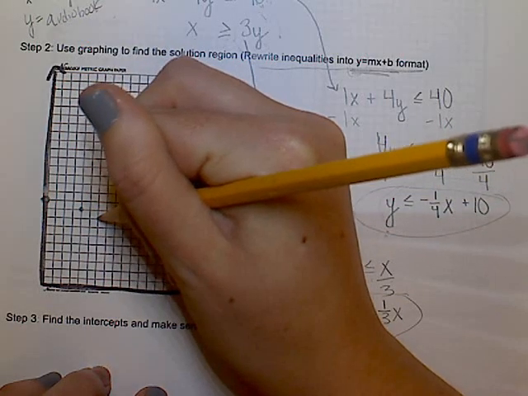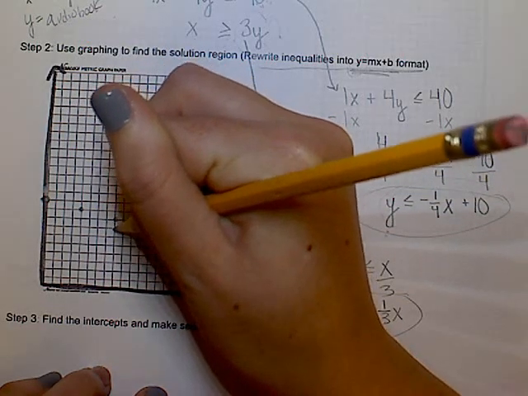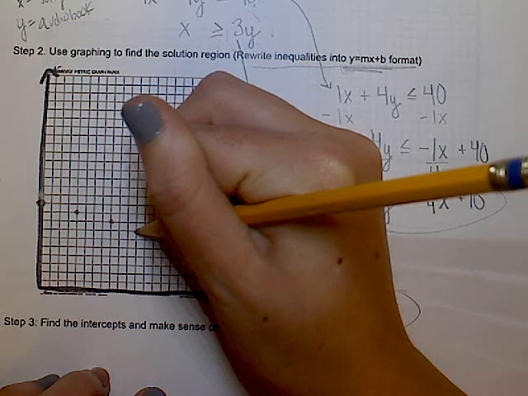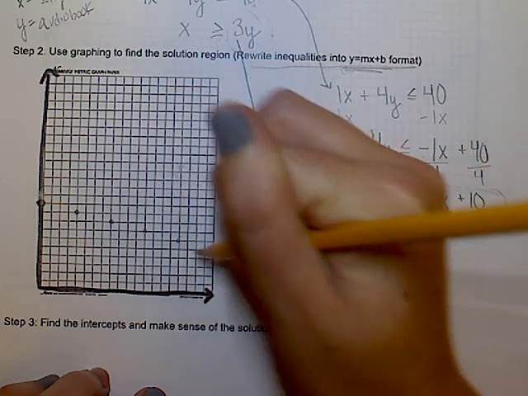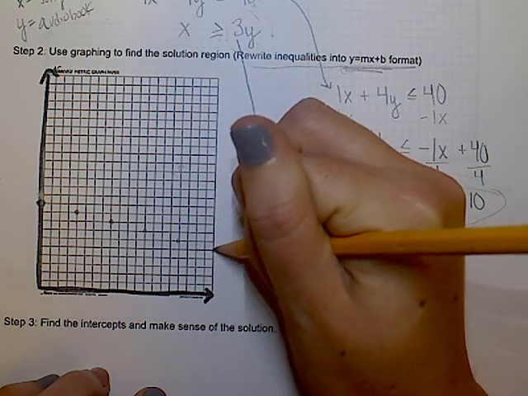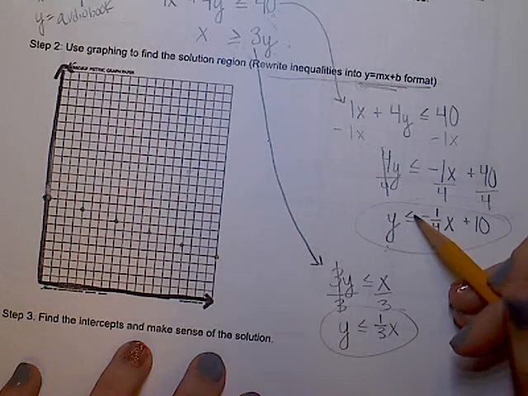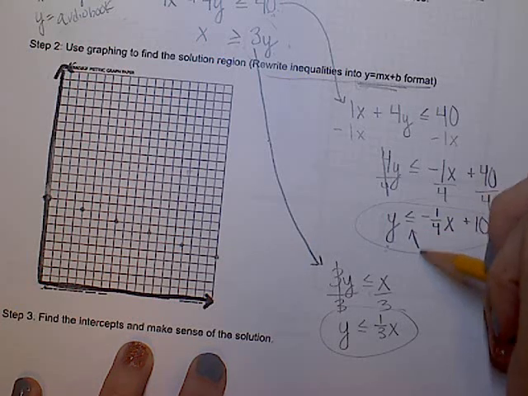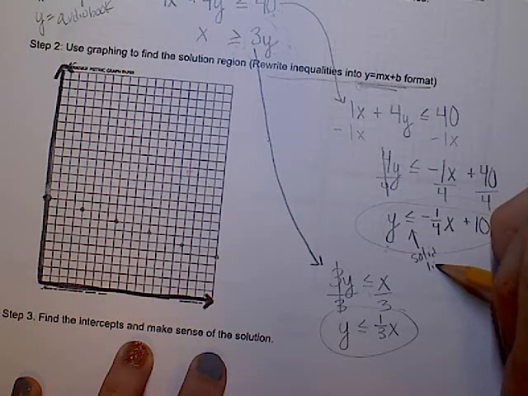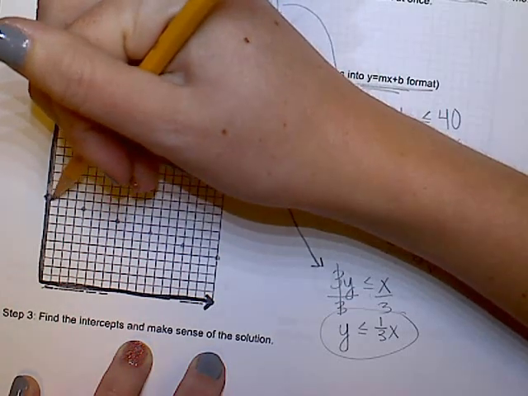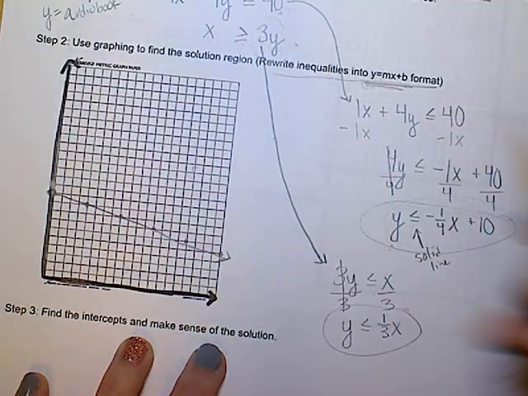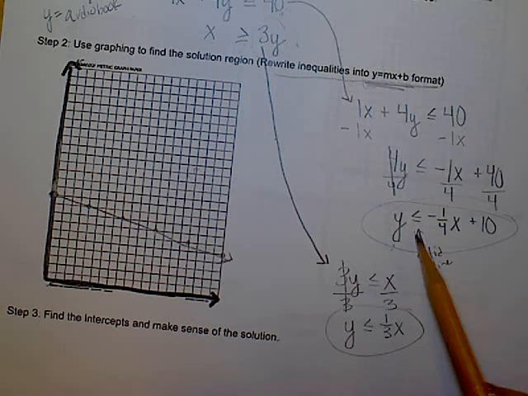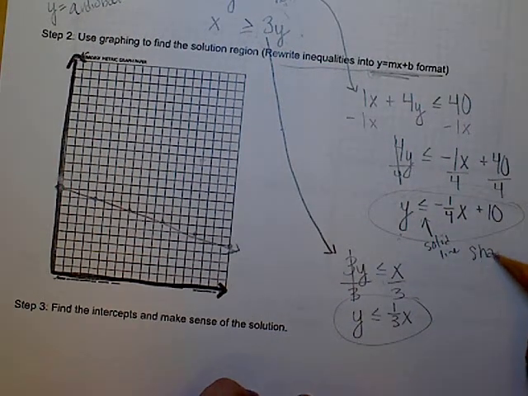Down 1 and to the right, 1, 2, 3, 4. Down and to the right all the way over. And that makes my line, and it's less than or equal to, so that means I'm going to have my solid line. And I want everything less than that, so I'm going to shade below.